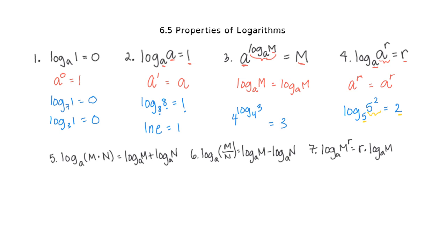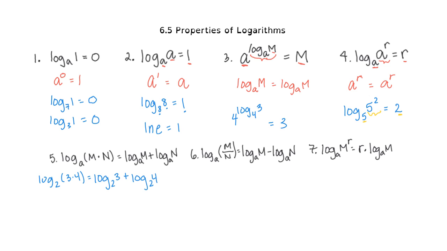For our fifth property, we have the product inside the logarithm. So we have the log to the base a of m times n, and that is equal to the sum of the logarithms. So here's an example with numbers. We can say log to the base 2 of, let's say, 3 times 4 is equal to log to the base 2 of 3 plus log to the base 2 of 4.